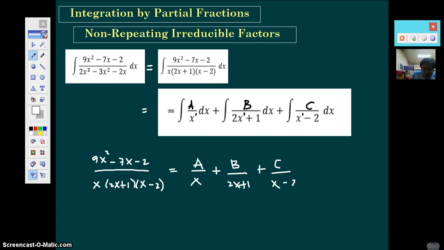So in solving for A, B, and C, we first multiply both sides of this equation by the LCD.